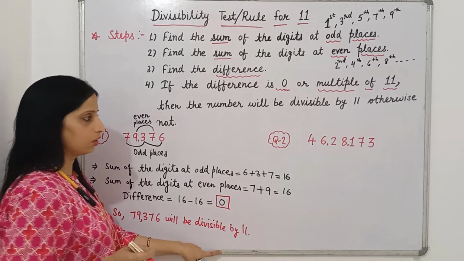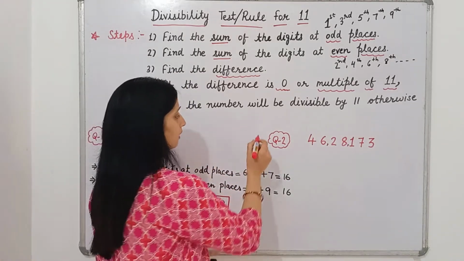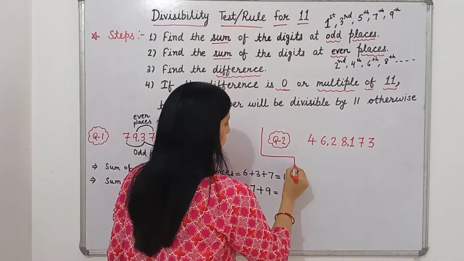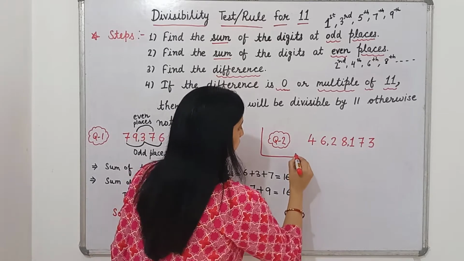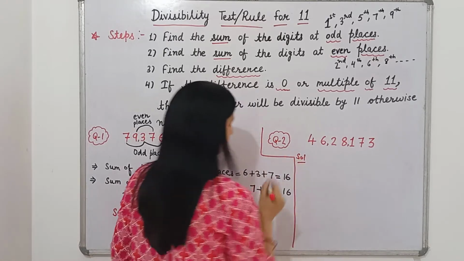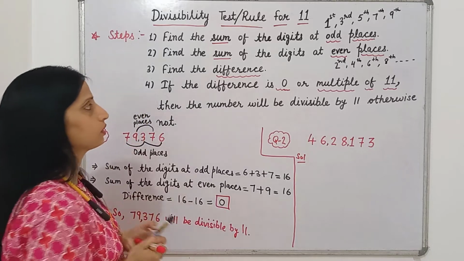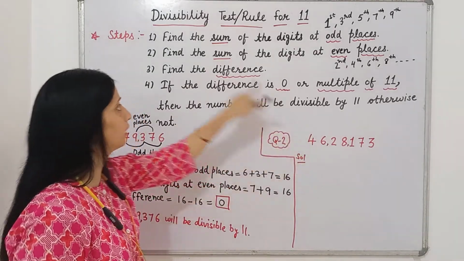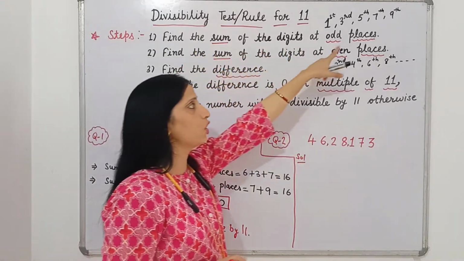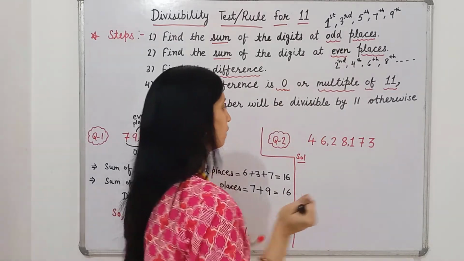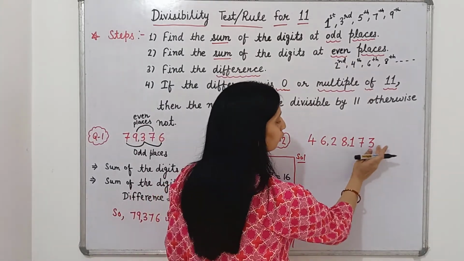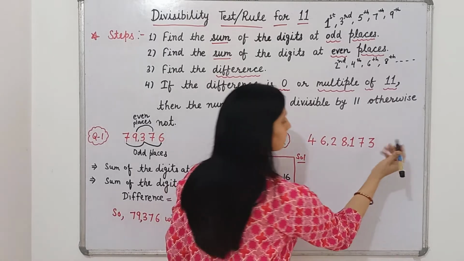Now in the same way we will solve this second question. We will do the solution here. In this also, what is our first step? We have to find the sum of the digits at odd places. So what are our odd place digits here? Start from the right hand side.